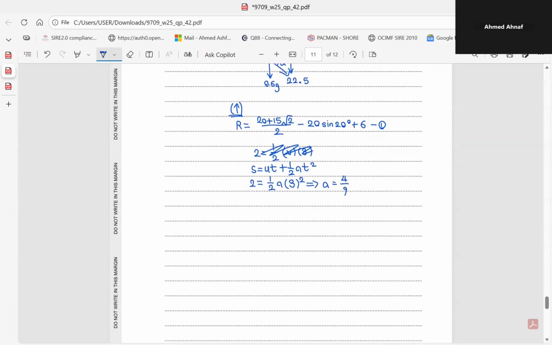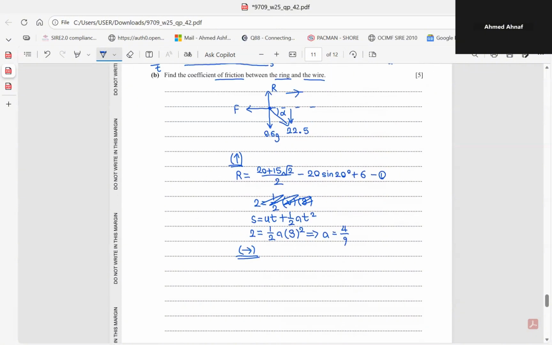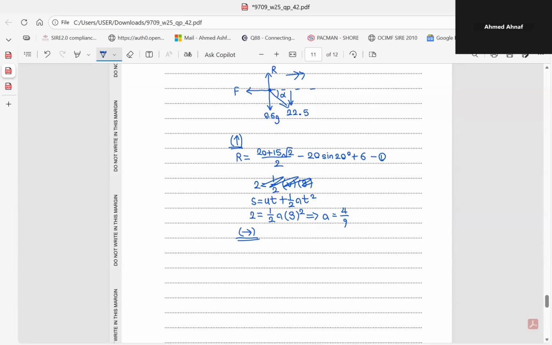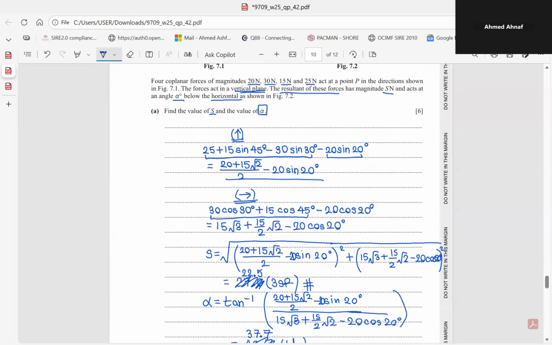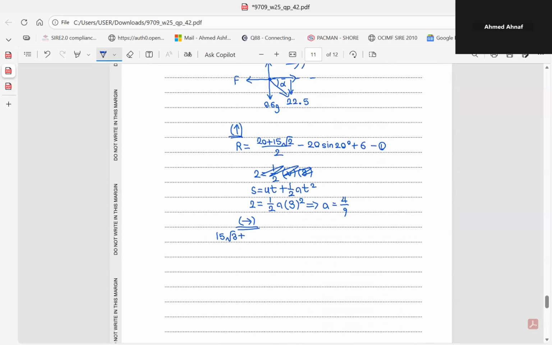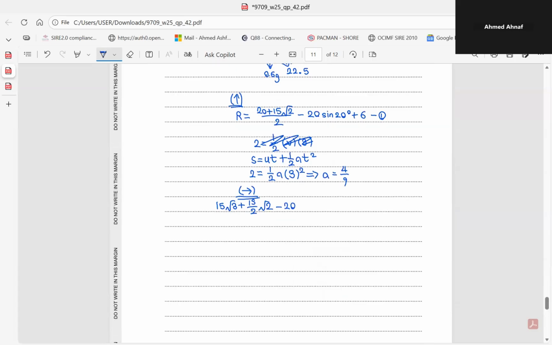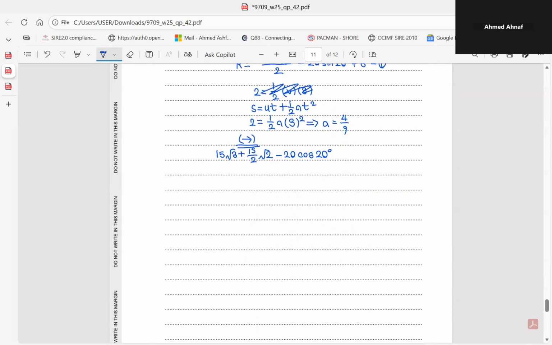Okay. Now we can take the horizontal forces. So this is the direction of motion. So that's going to be the horizontal component of this, which you found out in the previous part, 15 square root 3 plus 15 over 2 square root 2 minus 20 cosine 20 degrees, minus f.